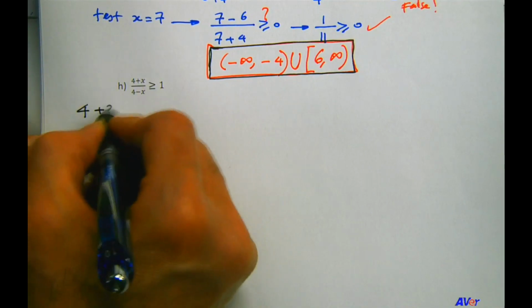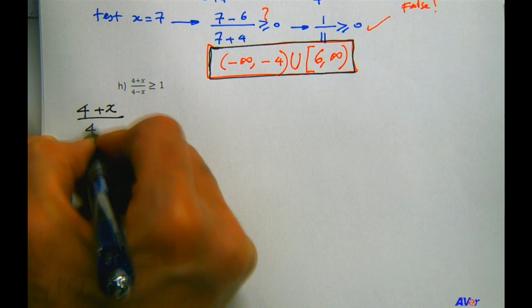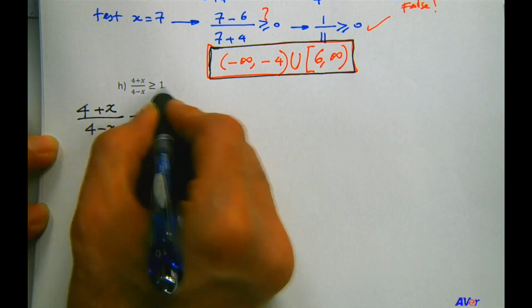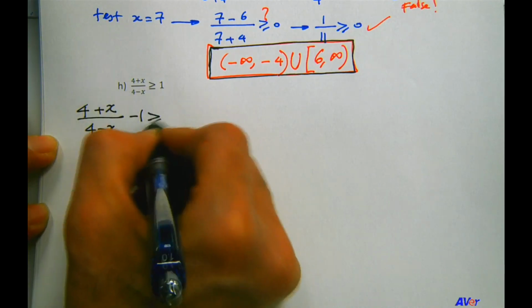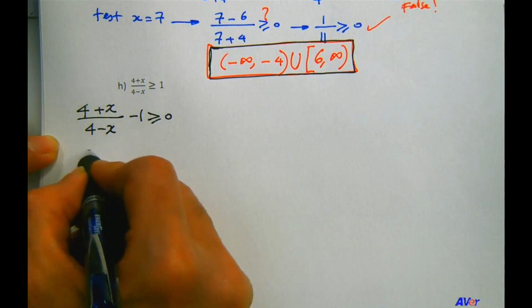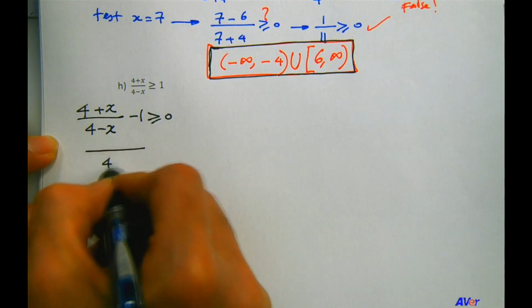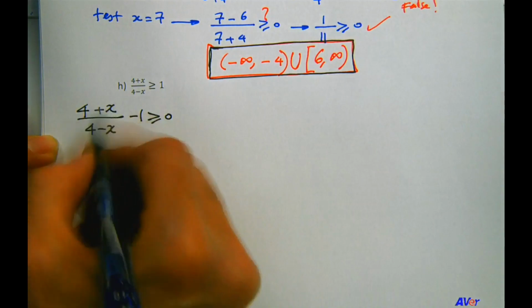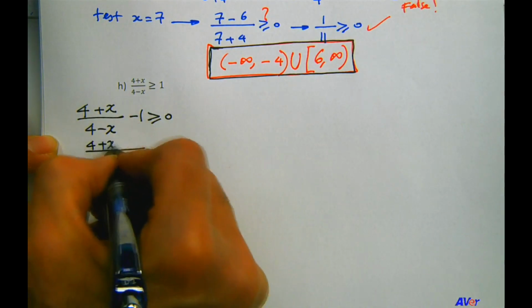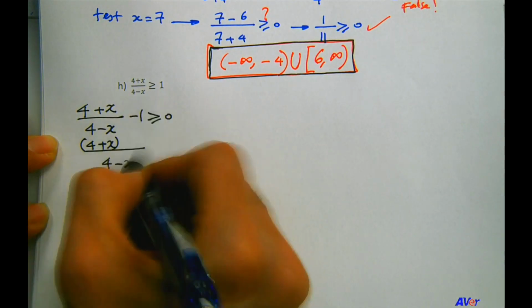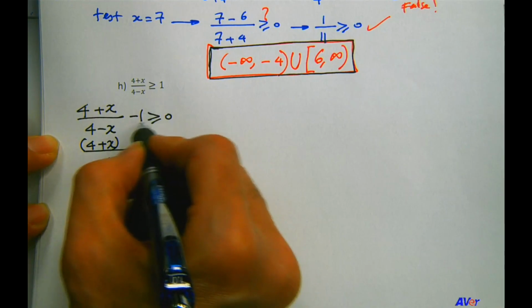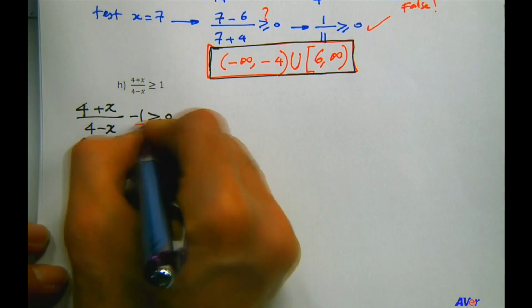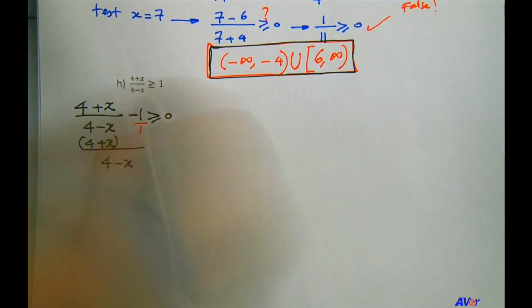So (4 plus x) over (4 minus x) minus 1, greater than or equal to 0. Then take the common denominator. 4 minus x is the common denominator, and 4 plus x here. Then the denominator here is 1. So the denominator of minus 1 is 1.